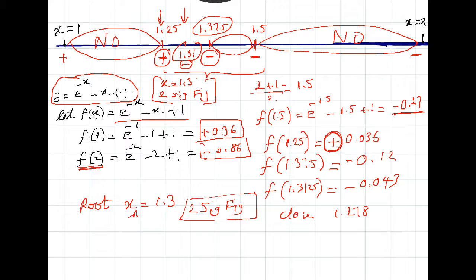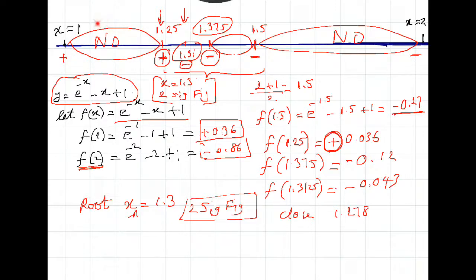Okay, so just to summarize, the curve of this equation will cross the x-axis at a point close to x equal to 1.3, and that's what we mean by the root. So it's not crossing in this area here.